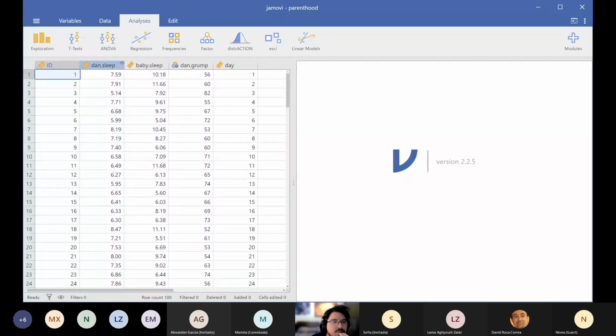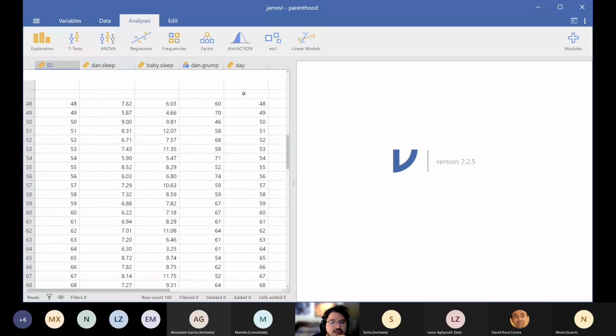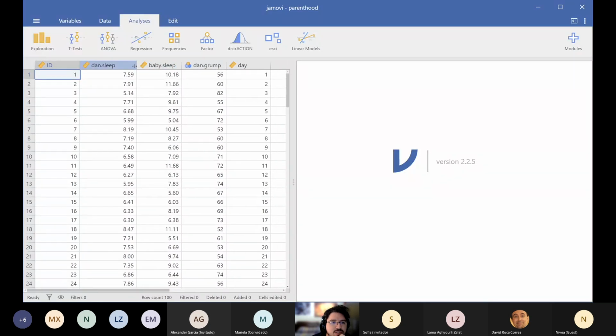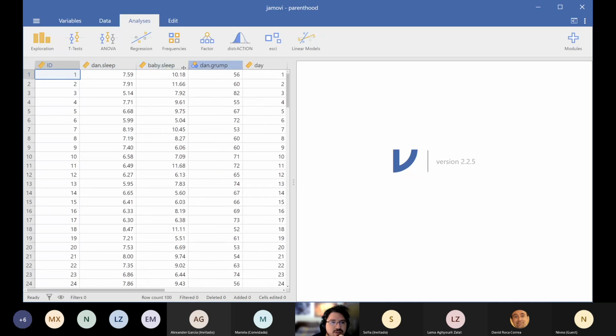Okay, so basically here we have a very simple dataset to explore these ideas, where we have hours of sleep of a parent, hours of sleep of a baby, and the mood of the parent in question.